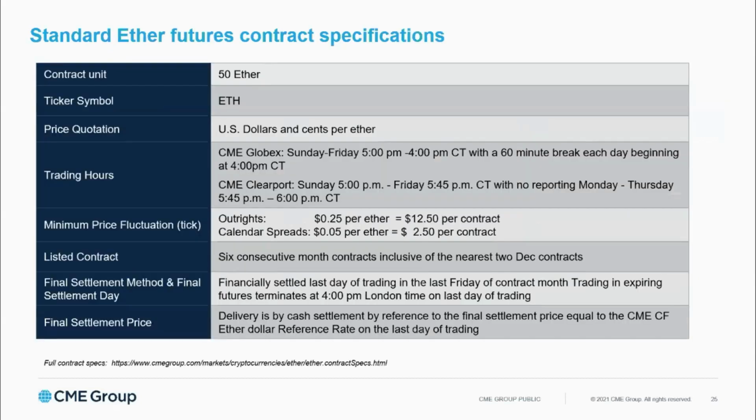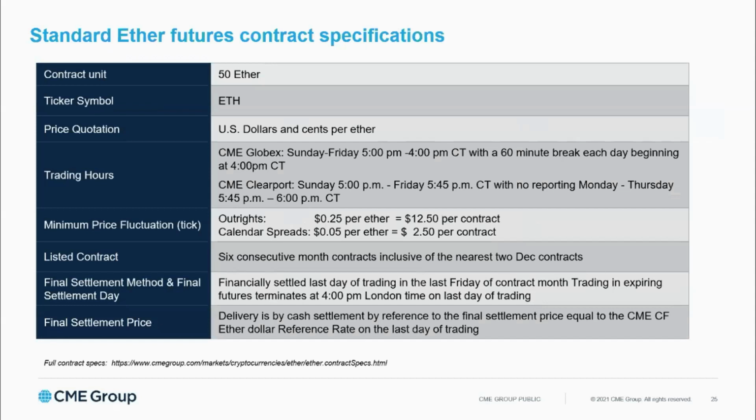Okay, so we're going to quickly go over some of our other cryptocurrencies, because I'd be remiss not to go over these very quickly. Our standard Ether contracts are 50 Ether per contract, so it's a relatively large contract. Everything else is similar to what we just discussed on micro Ether. They trade during our normal standard trading hours.